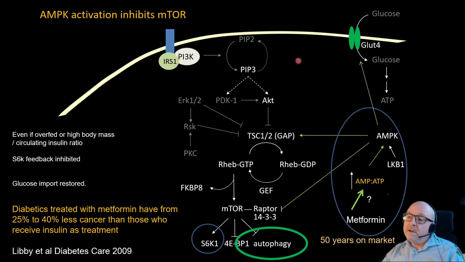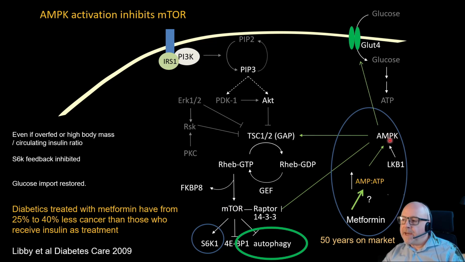Complicated slide. It has a reason. Please stick with me. We've talked about AMPK, and actually AMPK inhibits mTOR. So AMPK is here. This figure we've seen before, insulin receptor signaling down to TOR complex 1.